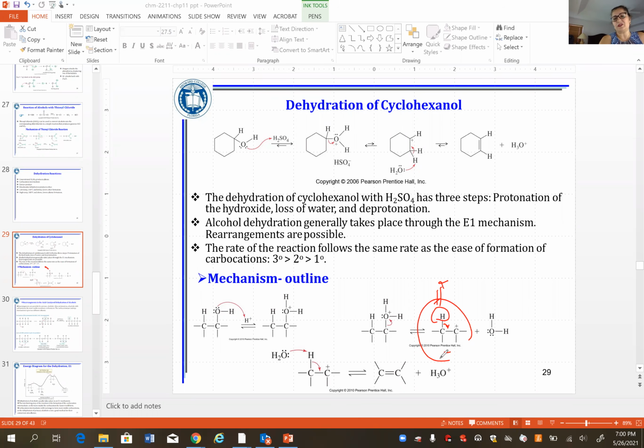So for the elimination it is going to be that. Even if it's an SN2 type, E2 type reaction, still tertiary is going to give you a more stable product, and it's going to move faster. So in either case, for elimination, tertiary would move faster than secondary, than the primary.